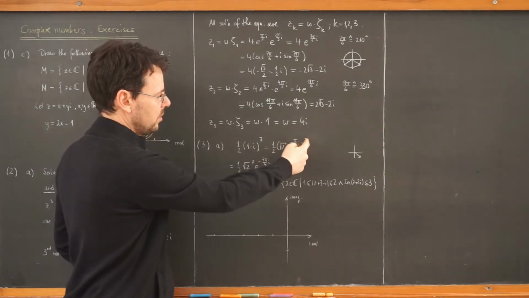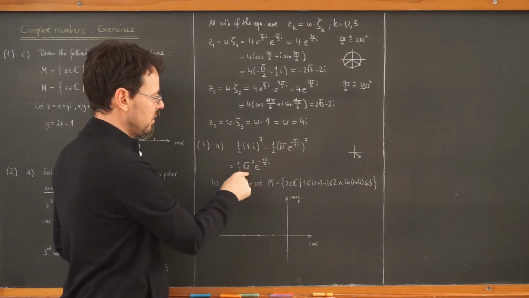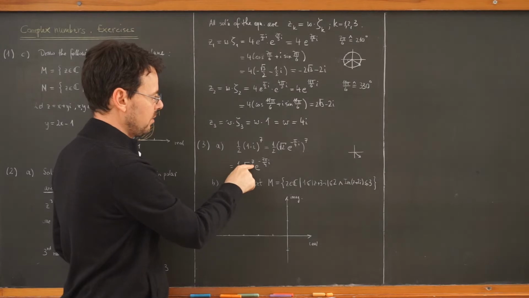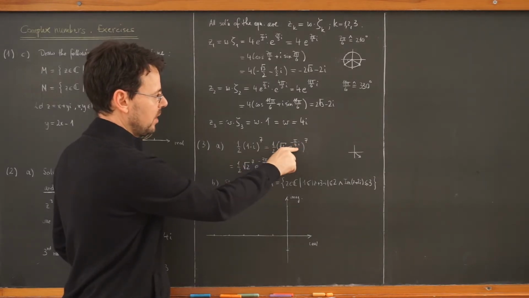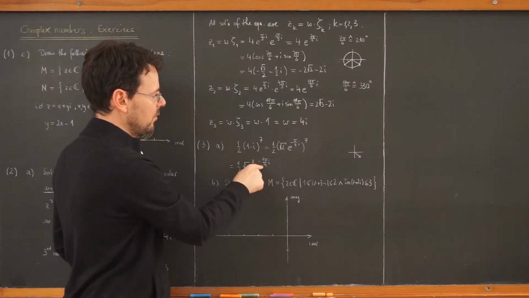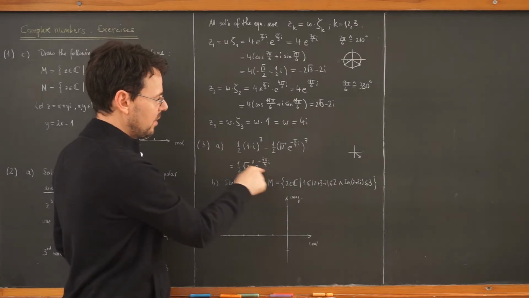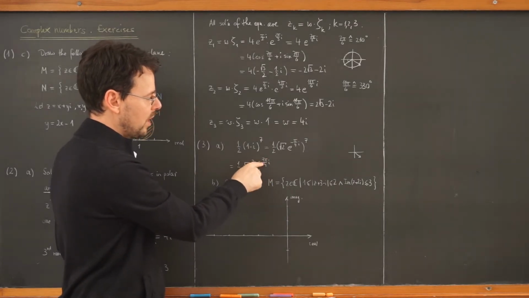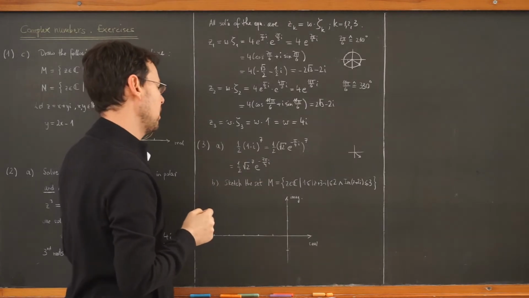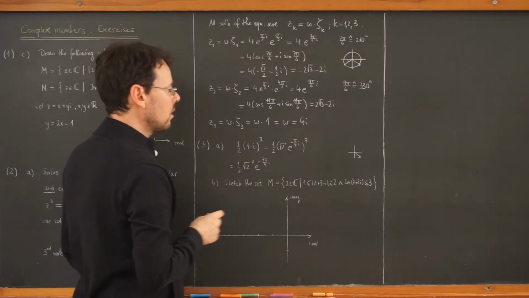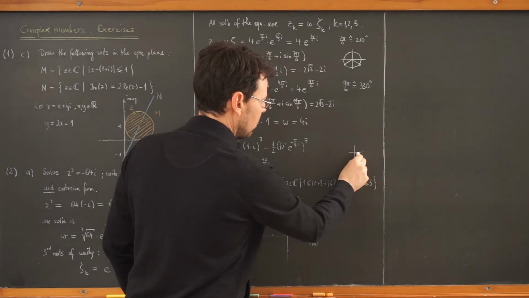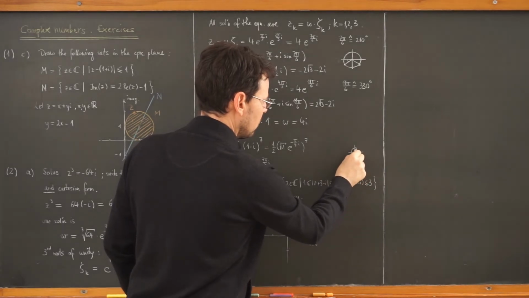Okay, now using the power rules, this is square root 2 to the 7th power, and then I have to multiply this exponent by 7, which gives me this, and this is the same as 2 pi minus 7 pi over 4.